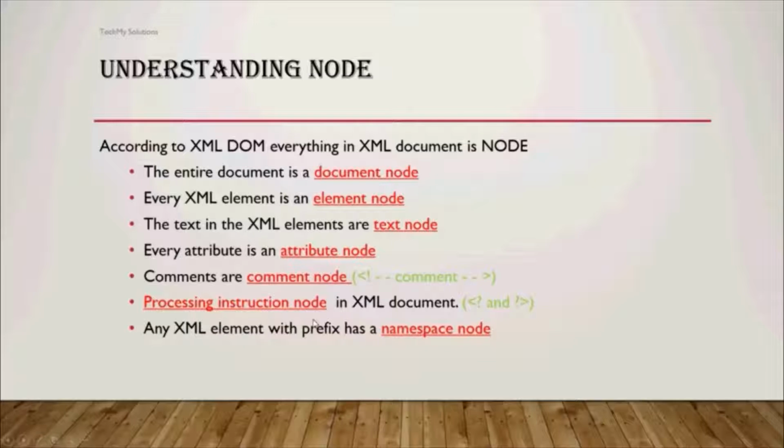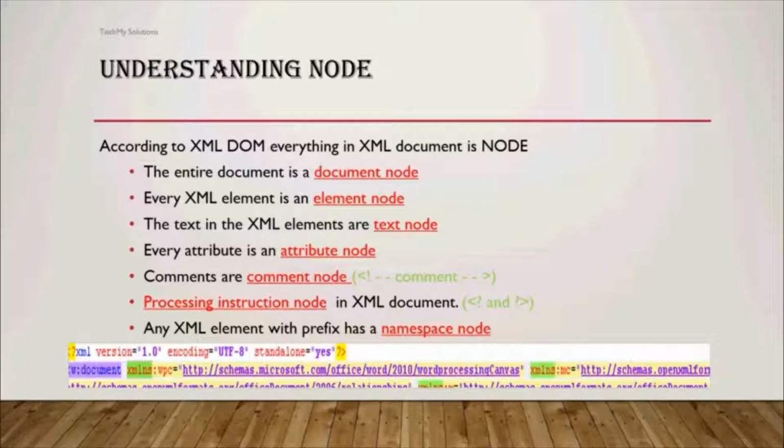And the last is the namespace node. If not every, then most XMLs do have some namespace nodes, which in this example, if you see, this is a namespace node. w:document is a namespace node. You can usually identify the namespace by these prefixes: the colon, w colon, this colon, and before that there is a prefix w.